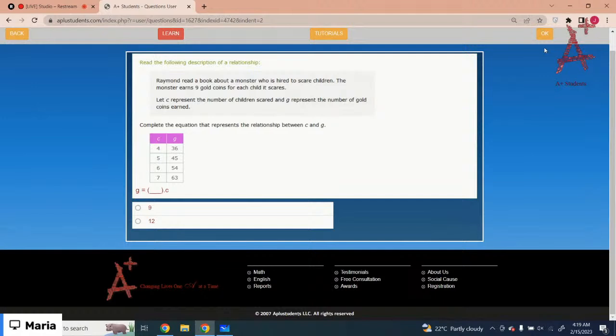That means for each value you have to multiply by 9. 4 times 9 is 36. That means it is G equals 9 times C. Got it?